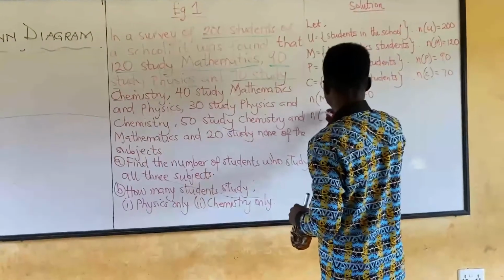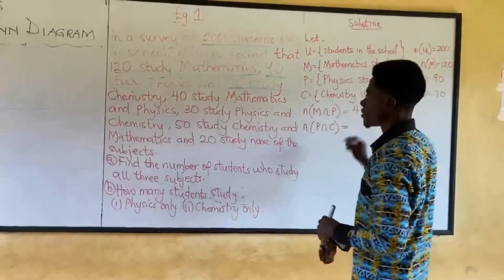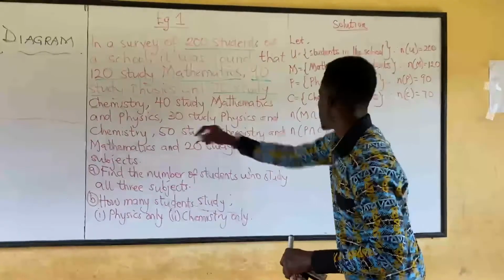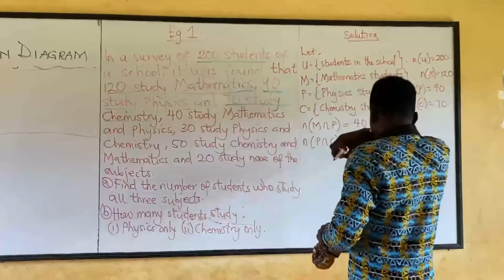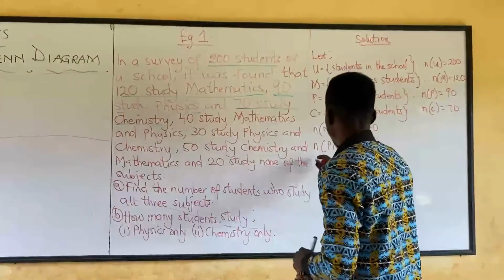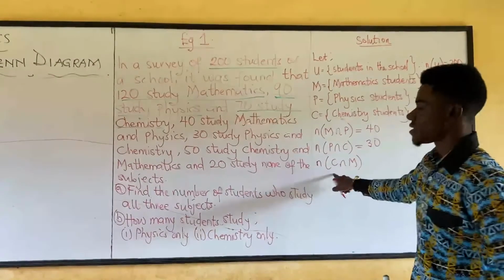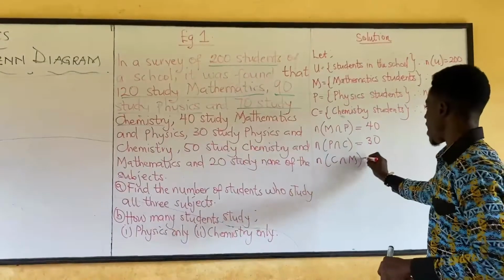So number of P intersection C, they are 30. 50 study chemistry and mathematics, so number of C intersection M, they are 50.